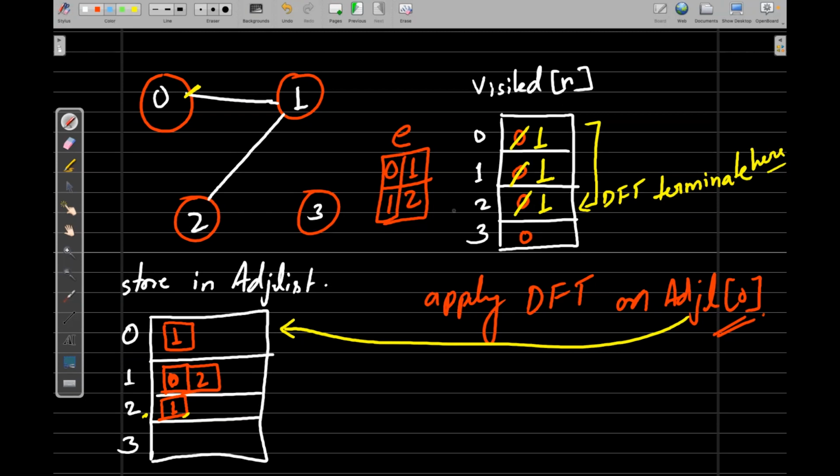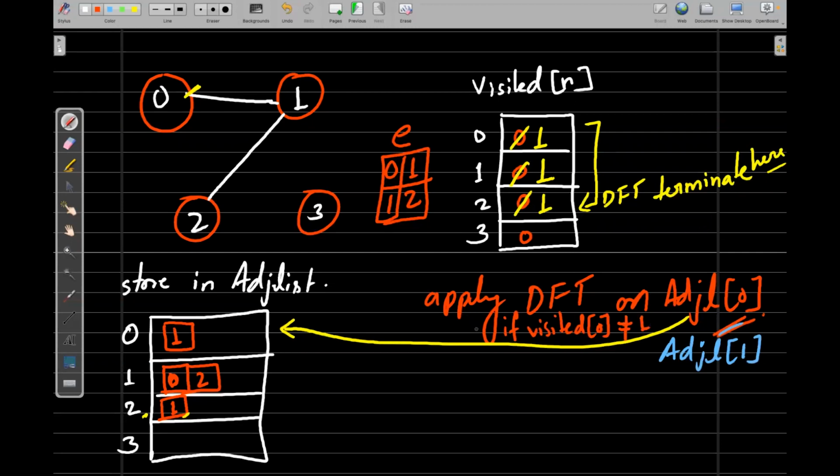Now we will check the next ones. We will check ADJL of 1, and apply DFS on ADJ of 0 if visited of 0 is not equal to 1.